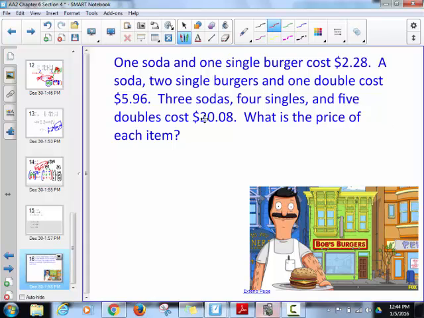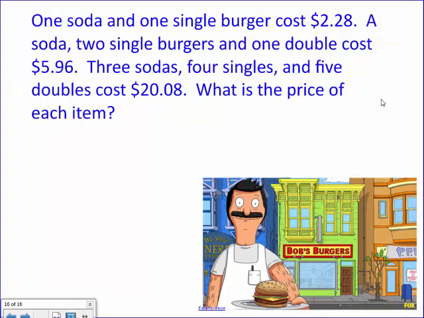We won't actually solve it, but I got 1 soda and 1 single burger costs $2.28. So let's give some variables. So let's go x for the cost of soda. And next go y for the cost of a single burger. And then we also have what? Double burgers. So I got a double burger, so we'll call that z, and that'll be the cost of a double burger.